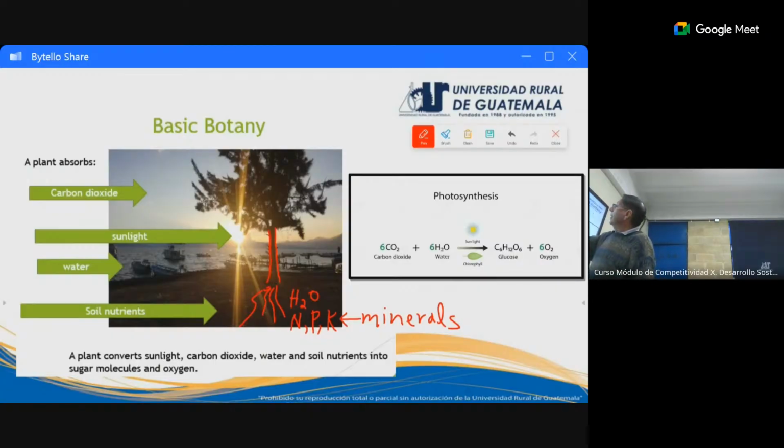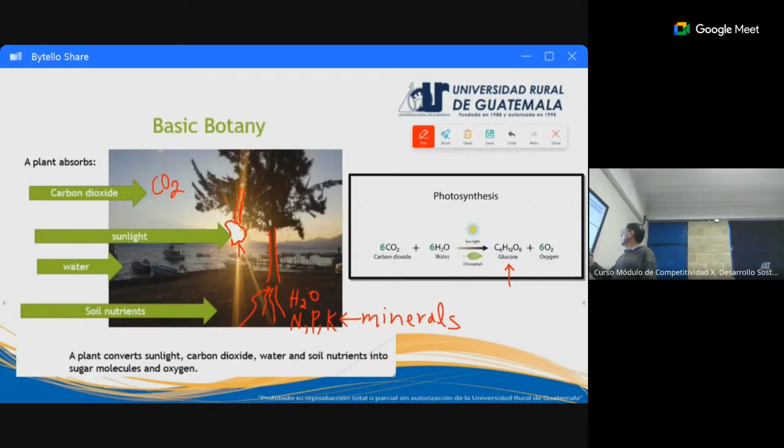Also, plants need the sunlight here to convert it to chemical energy. And also carbon dioxide that is in the air. And these are all the elements that plants need in order to produce the basic compounds like glucose.